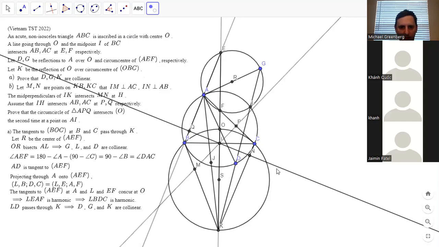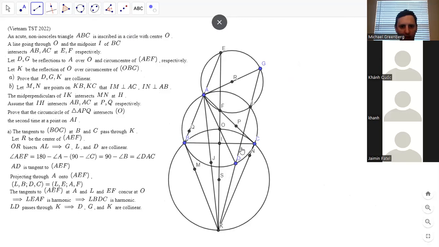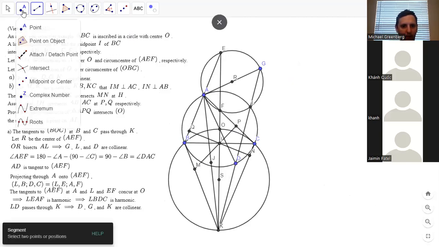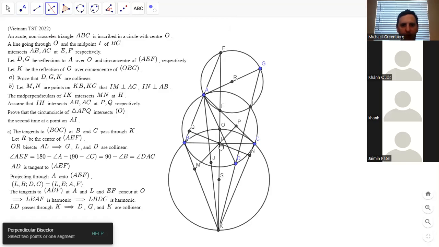Let's draw the perpendicular bisector of OK, or I'm sorry, IK.